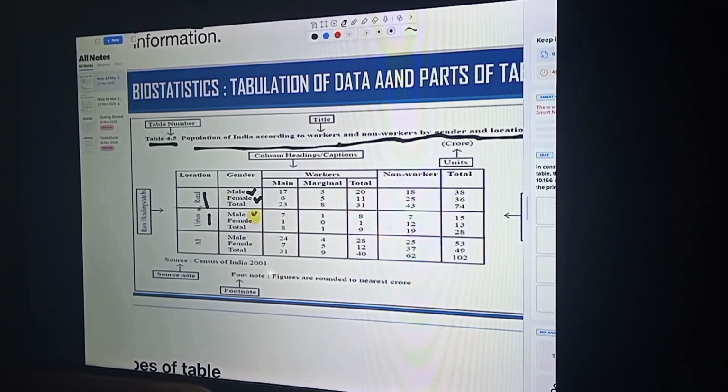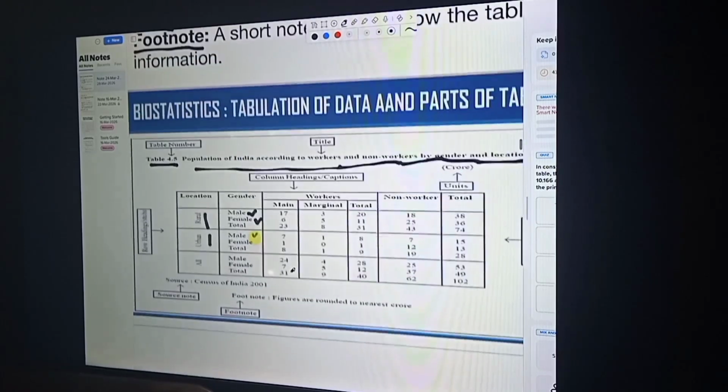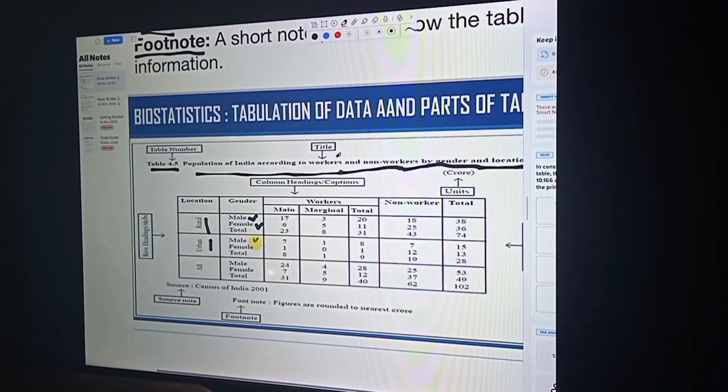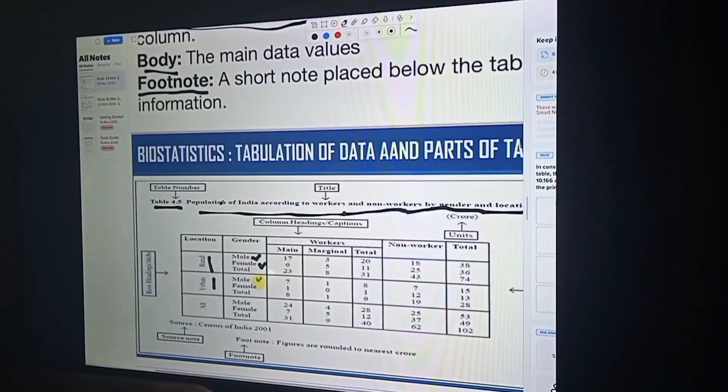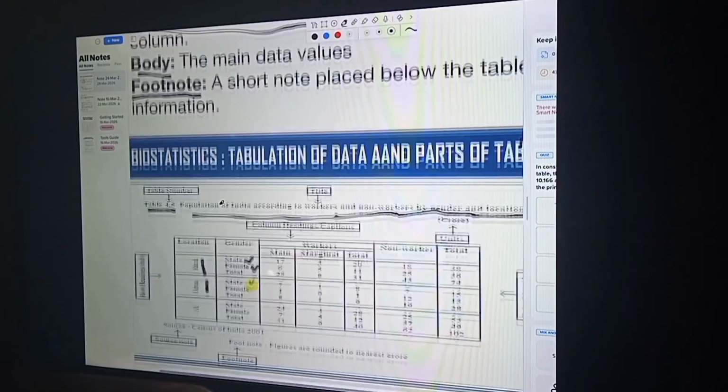Male and female workers in rural, male and female non-workers in rural, male and female workers in urban, and male and female non-workers in urban, and then total. So row-wise total and column-wise total. Okay, so this is about the title. You have to write the title on the top of the table.